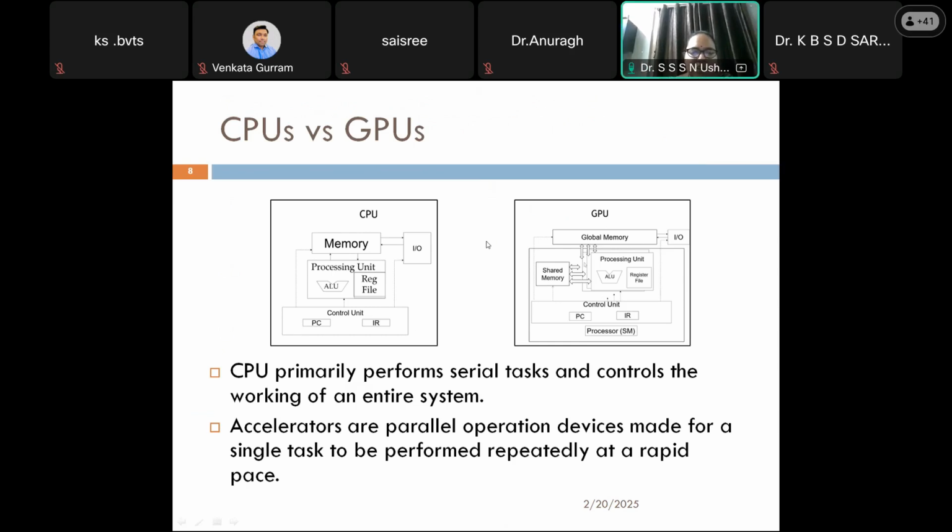Next is CPU versus GPU, how they appear. In this diagram, we can observe the common aspects. Both have memory, but the GPU has global memory and shared memory. The ALU, register file, and control unit are common, as are the program counter and instruction register, and the connection to the IO device.